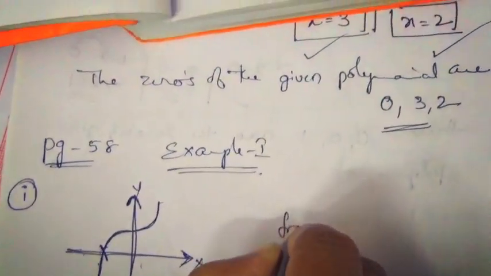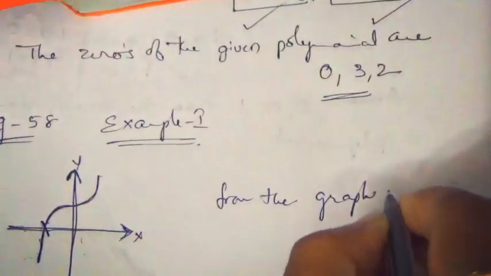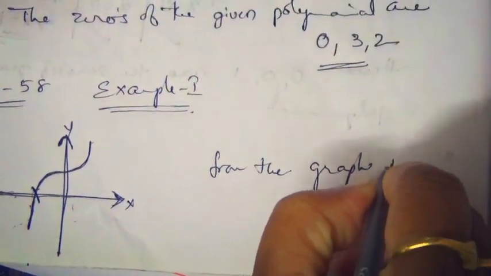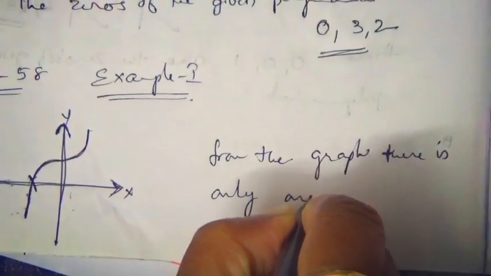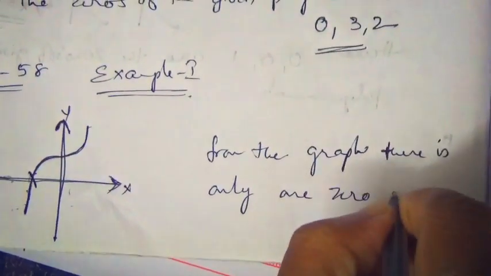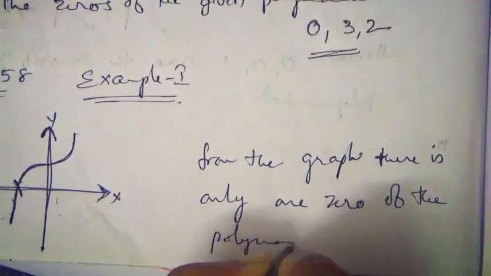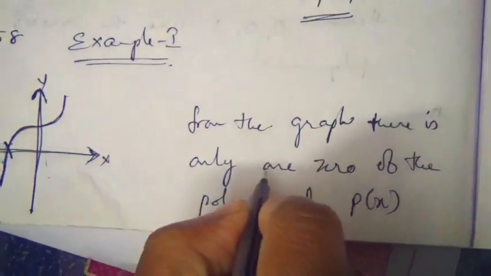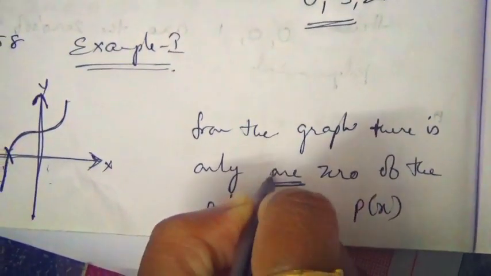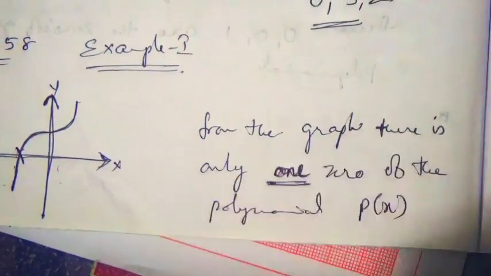Because from the graph there is only 1 zero of the polynomial p of x. You just underline this 1. 1 zero.